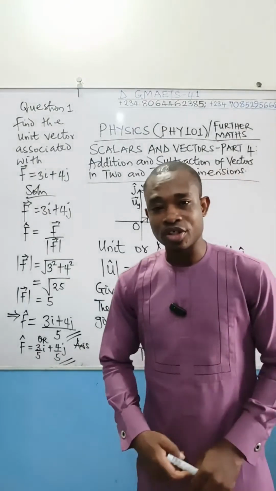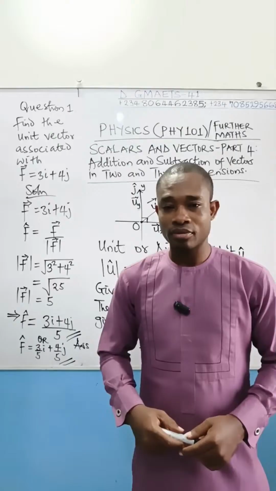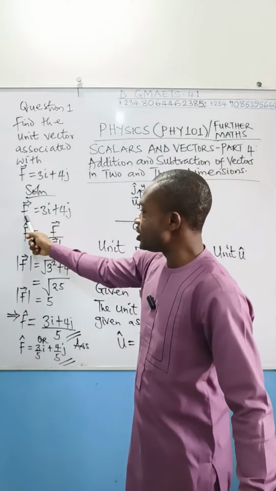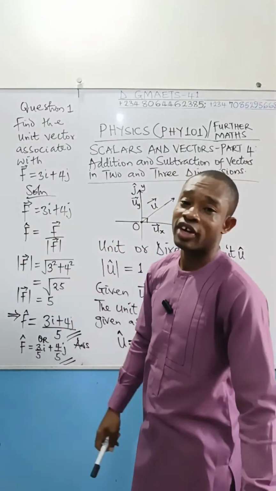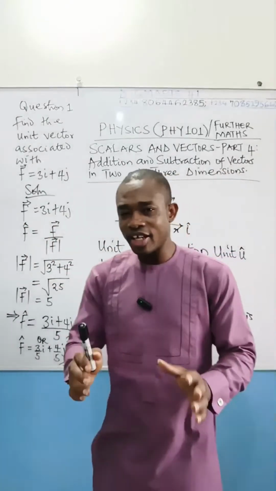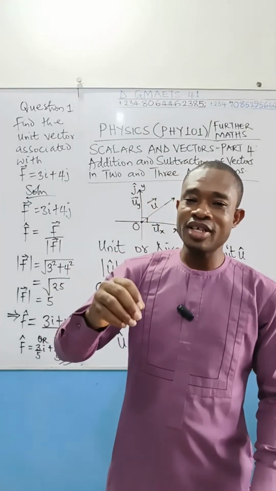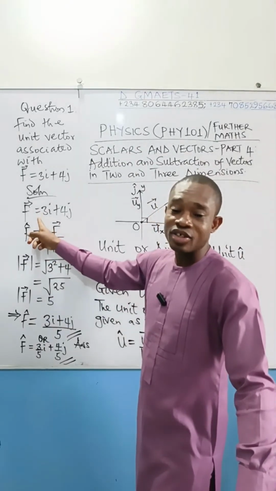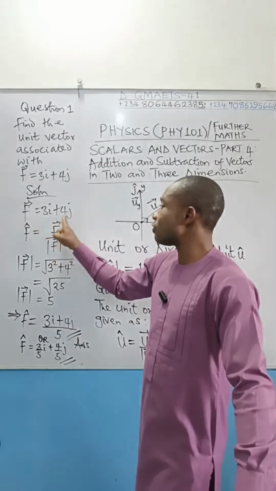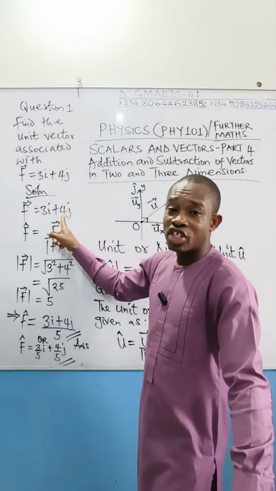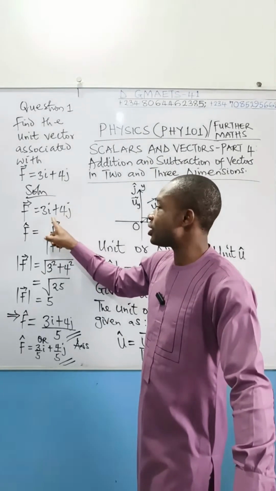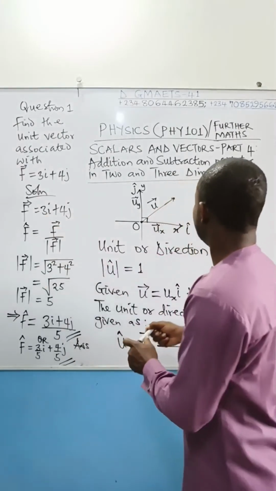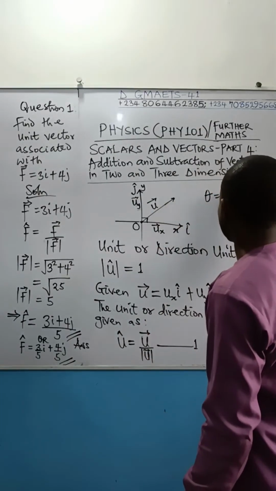We're going to pick one more question to determine the unit vector. By the way, if I ask you to find the direction of this given vector, please take note that to obtain the direction, you would have to go directly and apply your tan inverse, tan inverse of this j component divided by this i component, which is to calculate theta equal to tan inverse.